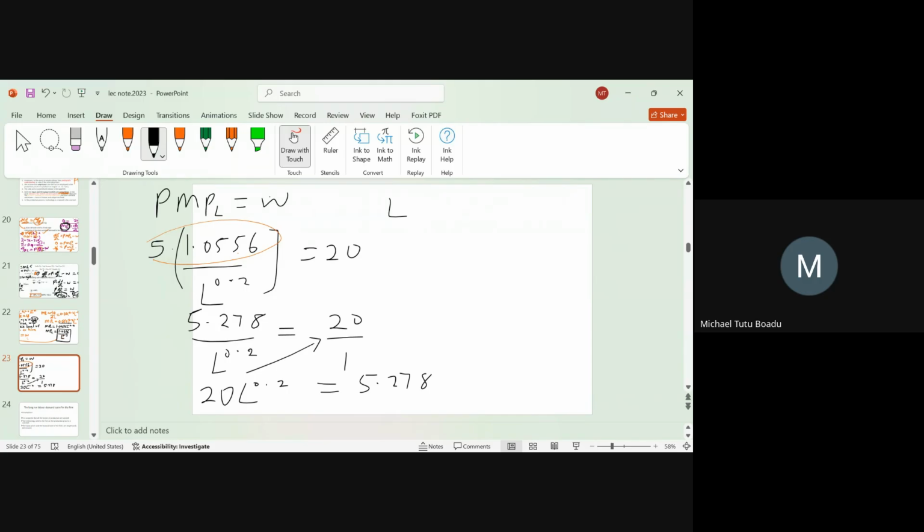So L to the power 0.2 is equal to 5.278 all over 20. If you divide this by 20, we have 0.264. We are looking for L, not L raised to the power 0.2.